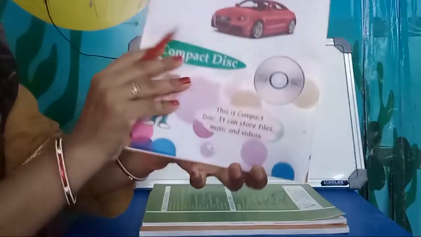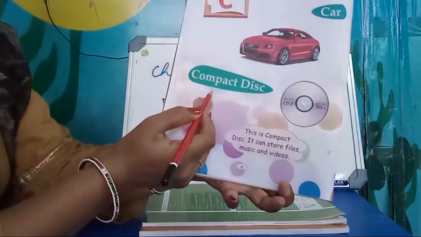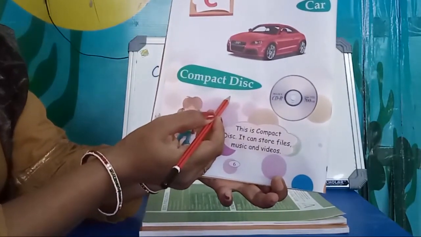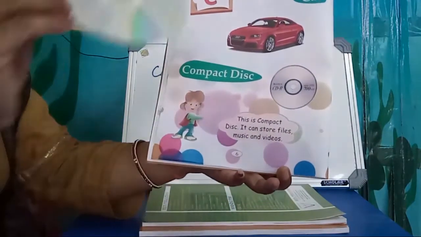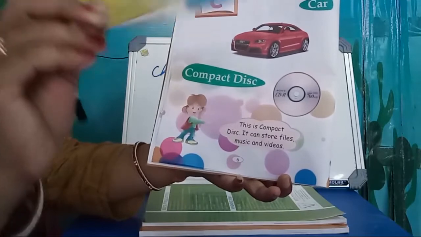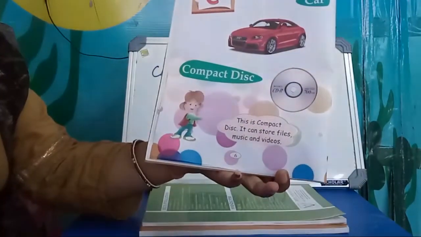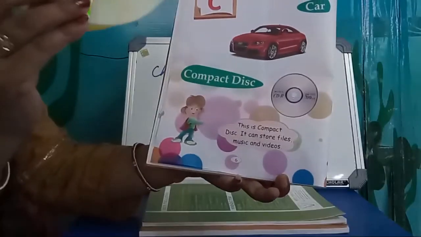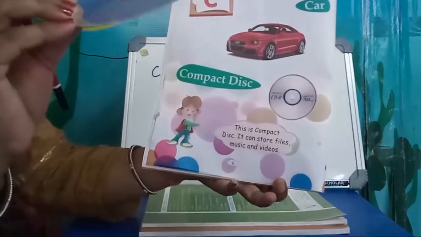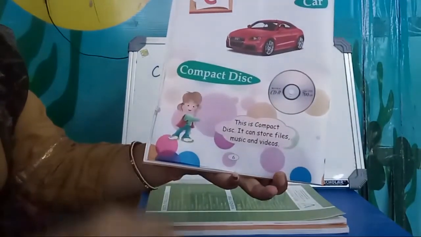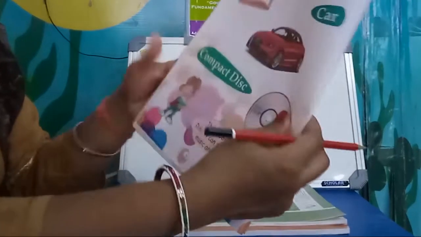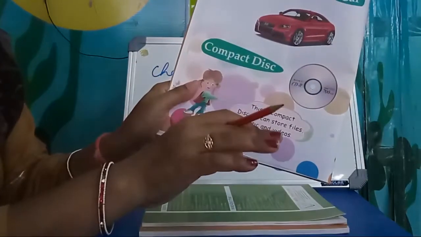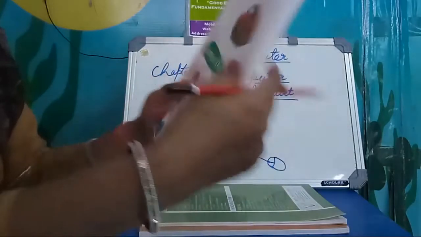Okay. And this disc, which I've shown here, keeps what? Storage. It is having a storage system. We can store our music and our videos there in that compact disc. Okay. Whenever you want to play, you can put it in the system and that can play. Okay. Now D for duck, but in computer, that is D for download.